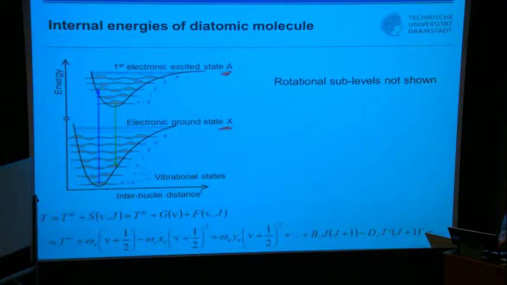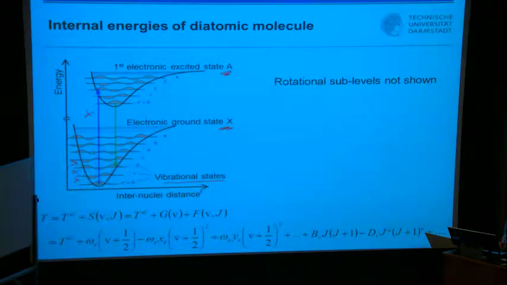Each of these electronic states is split into different vibrational states, meaning that you have here as well discretized energies of vibration, where all the energies in between here are not allowed. They are not accessible. So this is one of the main results from quantum mechanics applied to molecules. You have discrete levels of energy with respect to the electronic excitation, the vibrational excitation, and the rotational excitation.